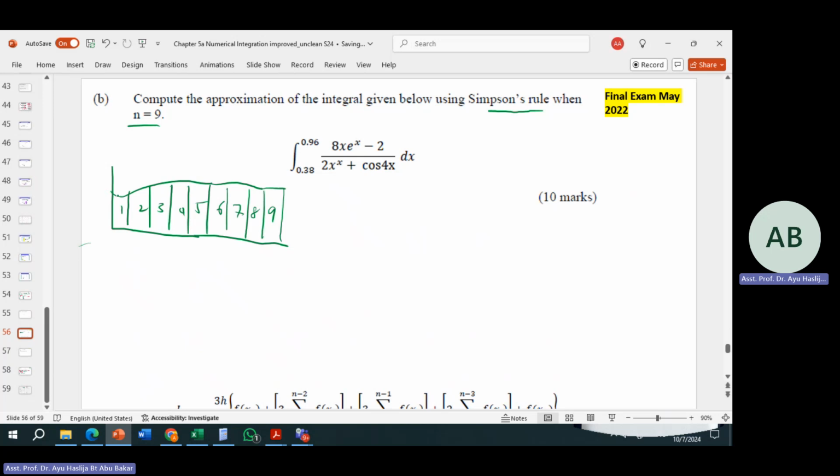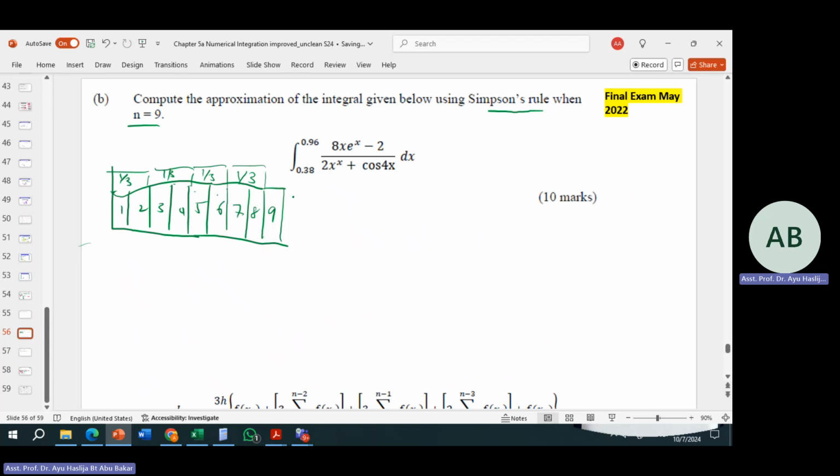So let's say 1/3. 1/3 minimum how many points? 3. Okay, 1/3 minimum 3 points, which is 2 segments. Every 2 segments you can use 1/3.